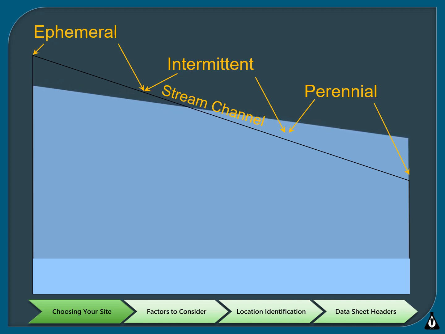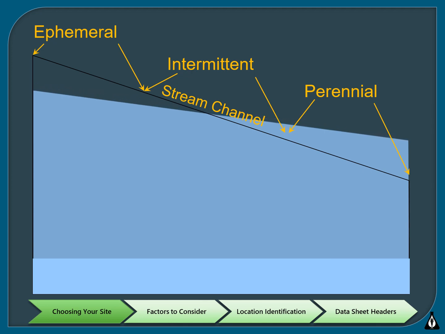Ephemeral, as the name suggests, may have temporary flowing water. So that stream channel may be above the groundwater table, so it doesn't have a feed-in or influence from groundwater, and most of the water that contributes to ephemeral streams may be due to runoff or rain events.